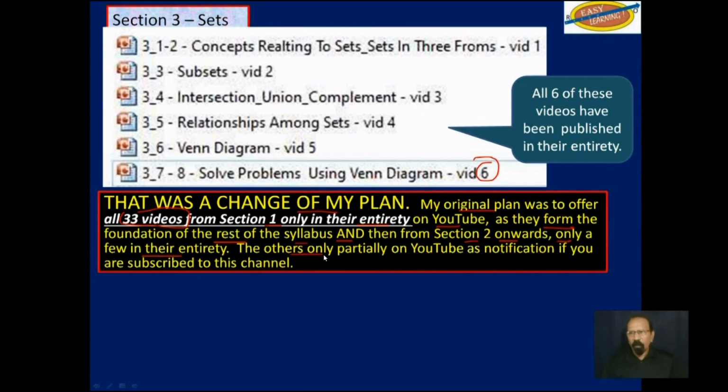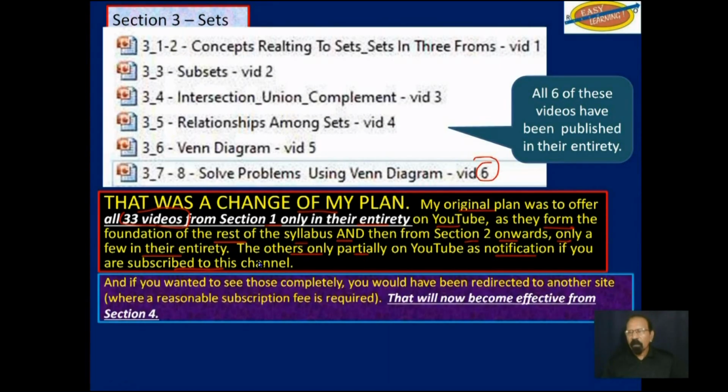The others would only be partially available as notification if you are subscribed to this channel. That was my original plan. And if you wanted to see those complete videos, then you would have been redirected to another site where a reasonable subscription fee is required. That was my original plan. However, I changed that plan.